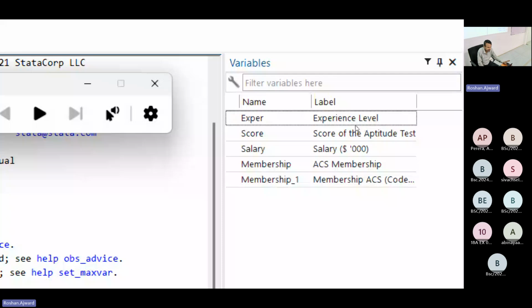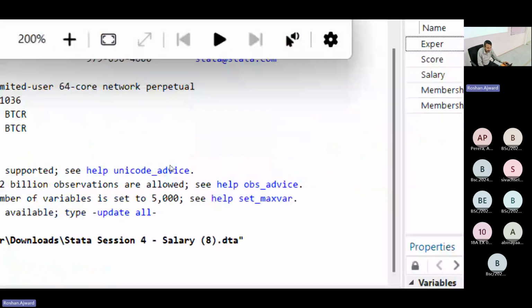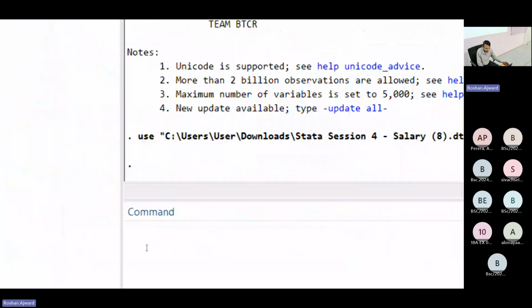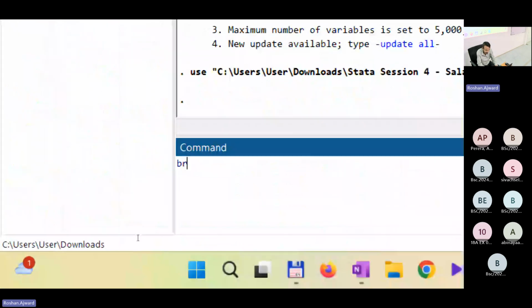So the best practice is once you open a data set, import, open, or whatever, do what? View the data. How can you view the data? What's the command we use? You can use the browse command. You can go to the command window here, and I'm going to type browse, to see the content. If you want to edit the content, you will use the edit command.